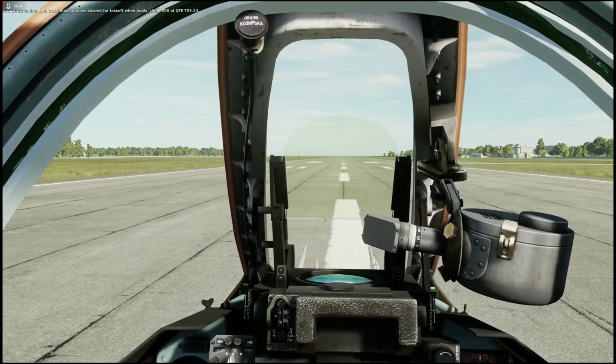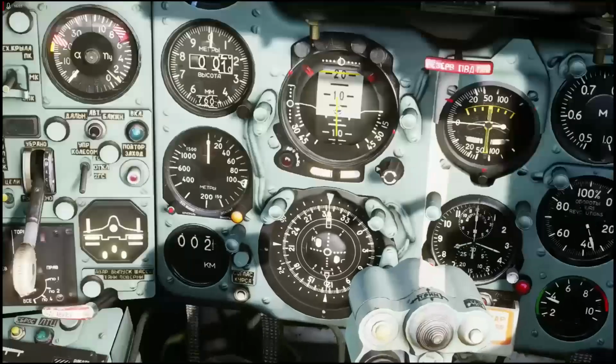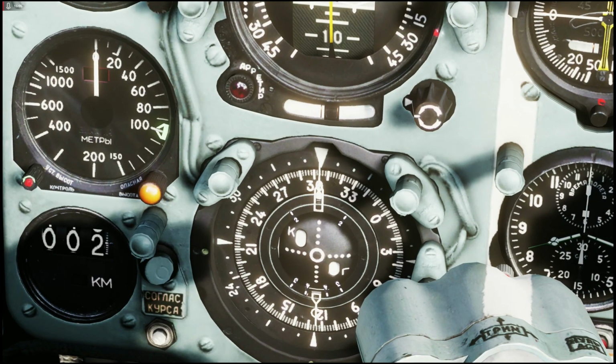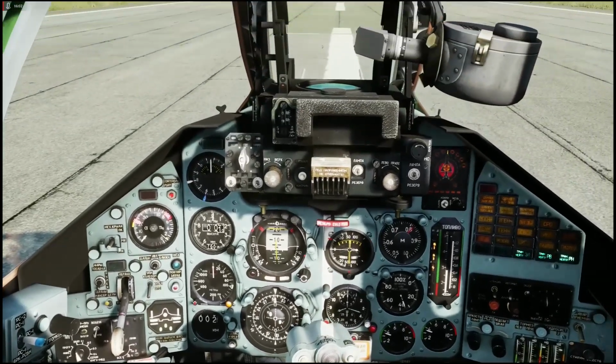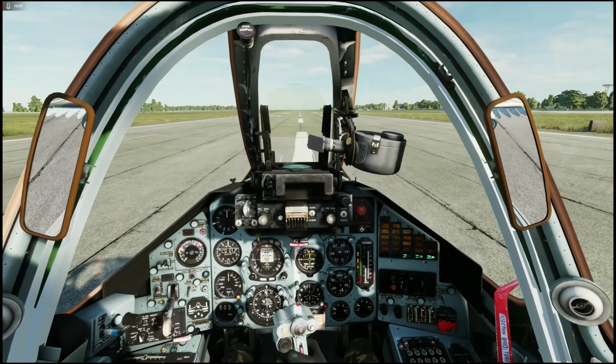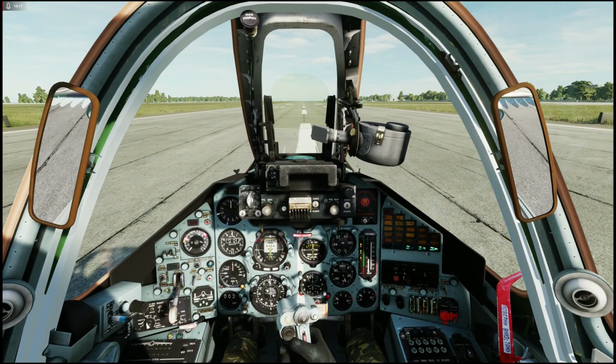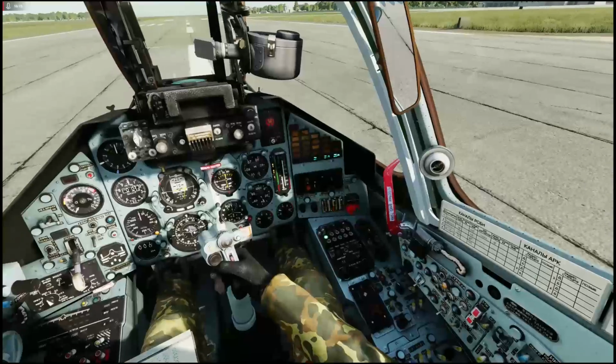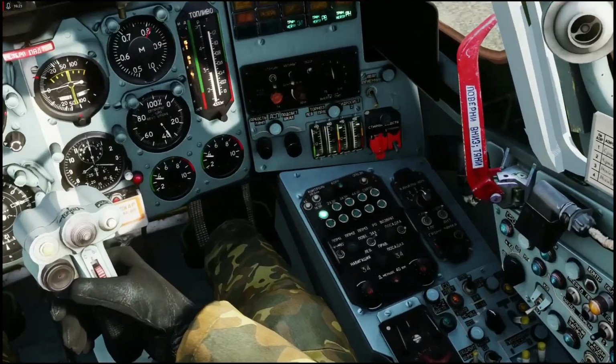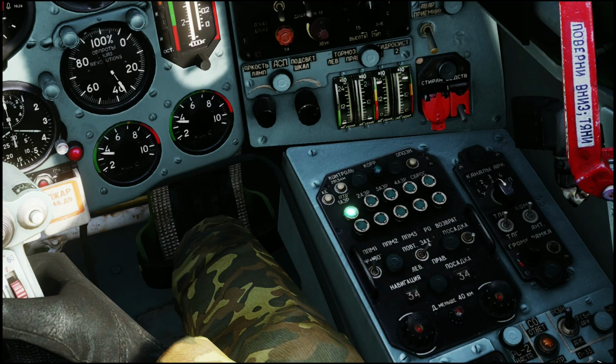Okay, I'm supposed to be at runway 31, and that is pretty much spot on. So here, just before the run up, I press the navigation button one time, and there you see that the takeoff airfield is selected now.